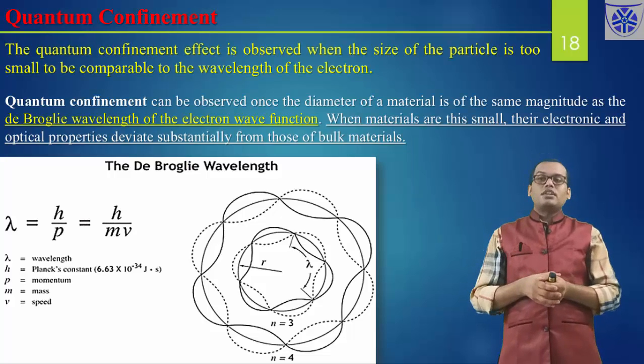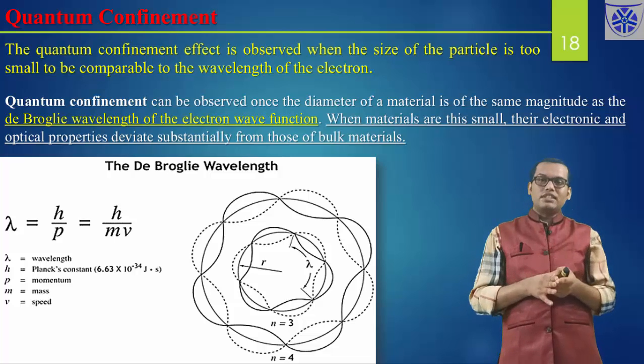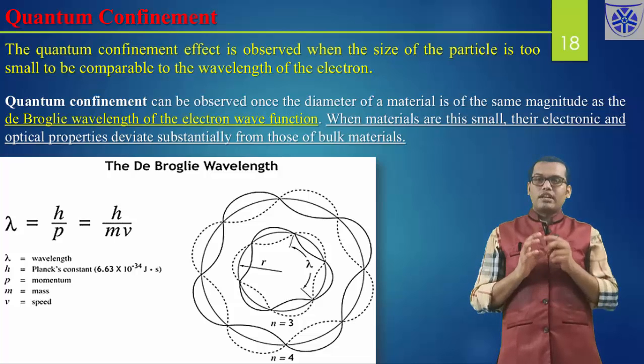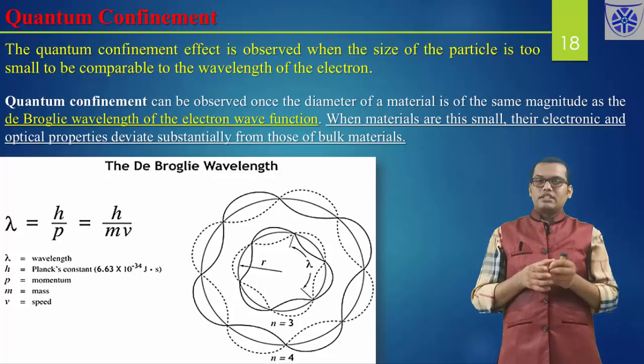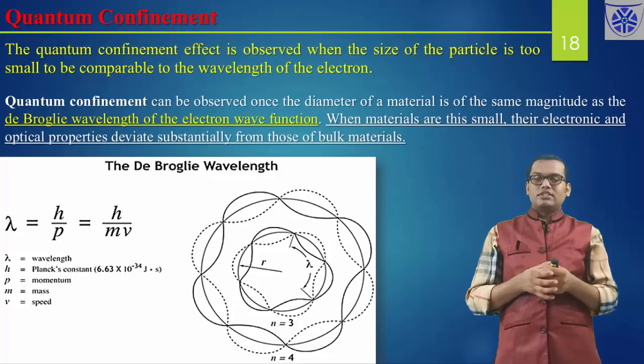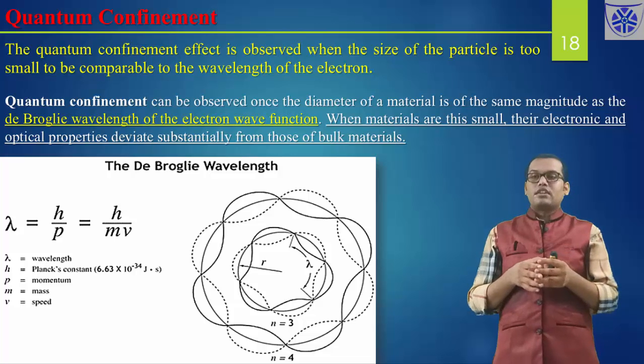Another property is called quantum confinement. To understand quantum confinement, you need to understand a little bit of physics. In this session, I will not go into much detail. It is a bit complicated, but I will say overall what quantum confinement means. It can be observed once the diameter of the nanomaterial is equal to the magnitude of the de Broglie wavelength.